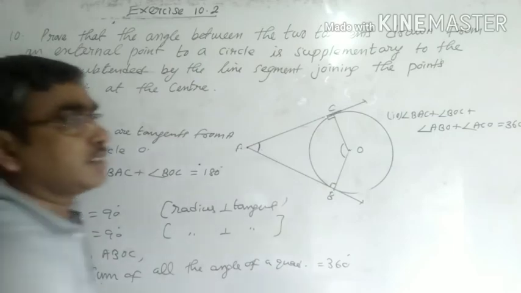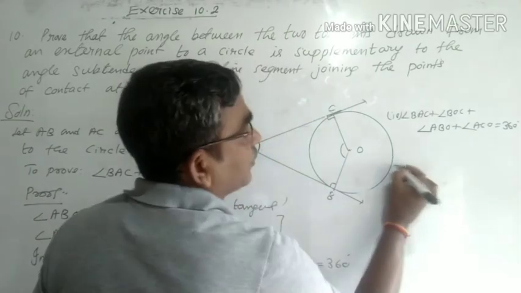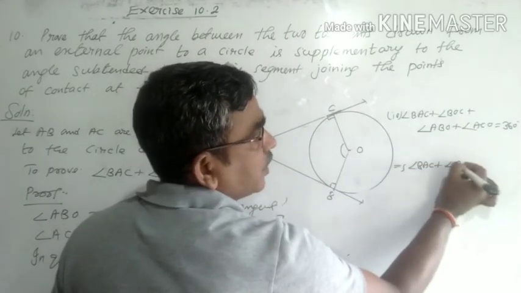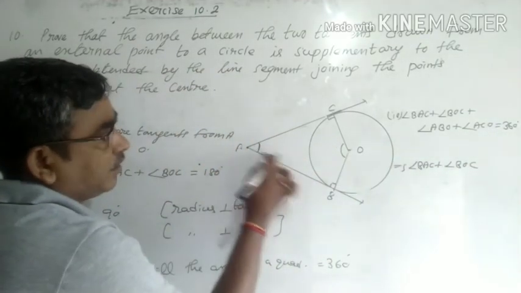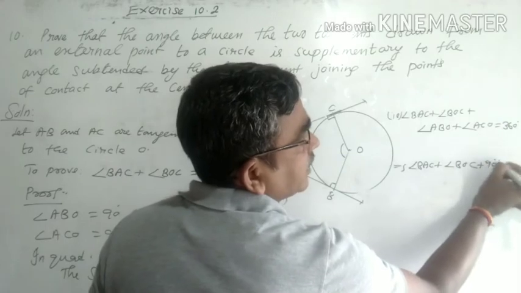Got it? Okay. Angle BAC we don't know. Angle BOC also is not given. BAC we don't know and BOC we don't know, but the remaining we know. It is 90 plus 90.